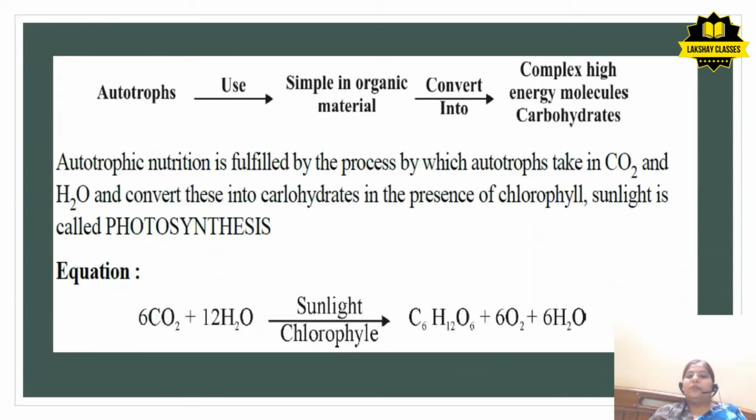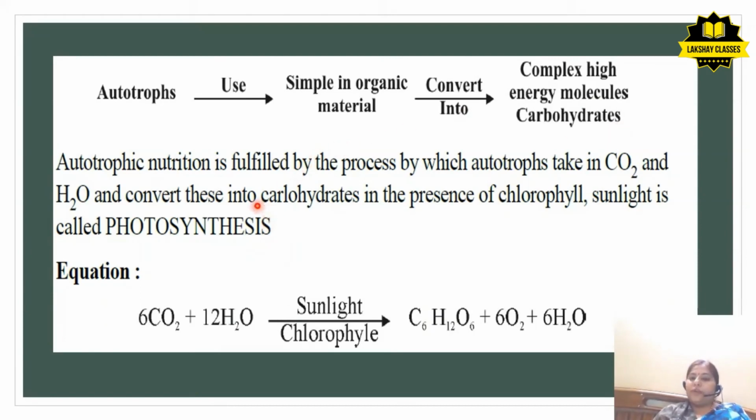So this equation will clear the process of autotrophic nutrition. Autotrophs are basically the organisms which have autotrophic nutrition. So autotrophs use simple inorganic material and convert it into complex high energy molecules which are called carbohydrates.